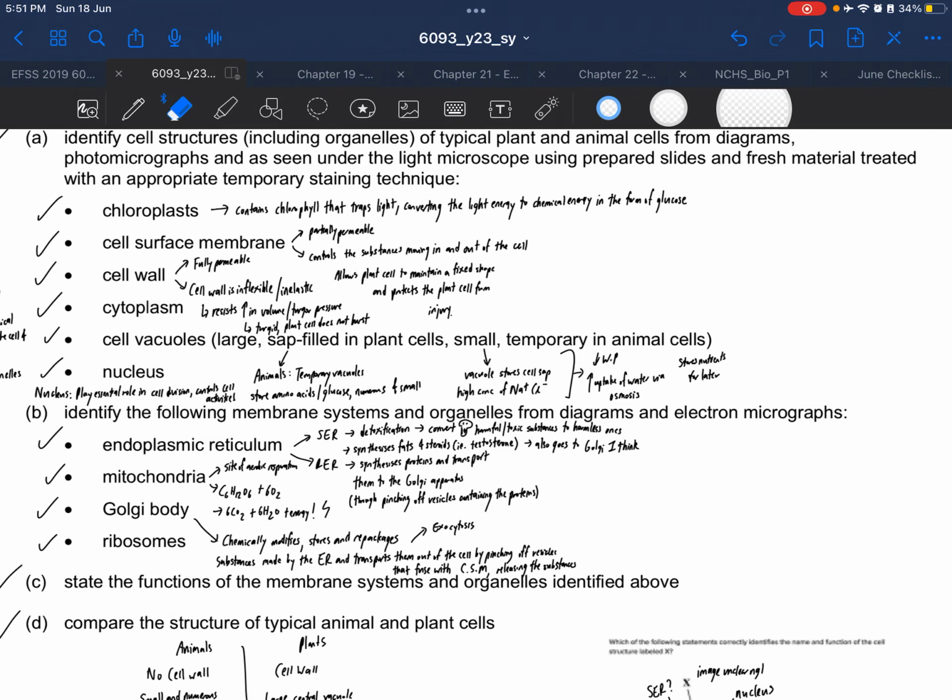It just becomes flaccid. On top of that, when it is in a hypotonic solution, the water potential outside of the plant cell is higher than the inside of the cell. Water moves in by osmosis.